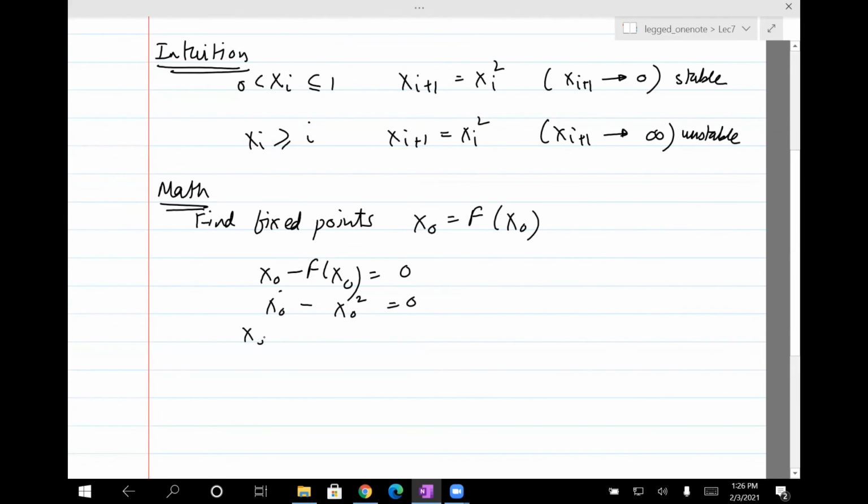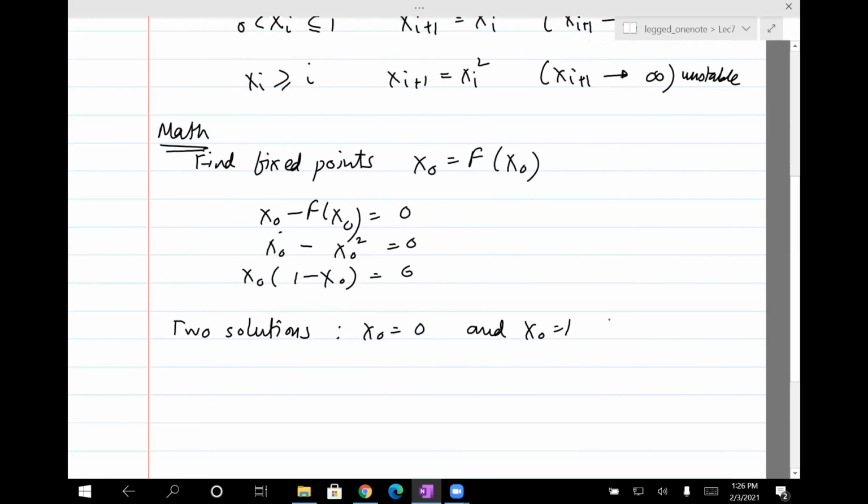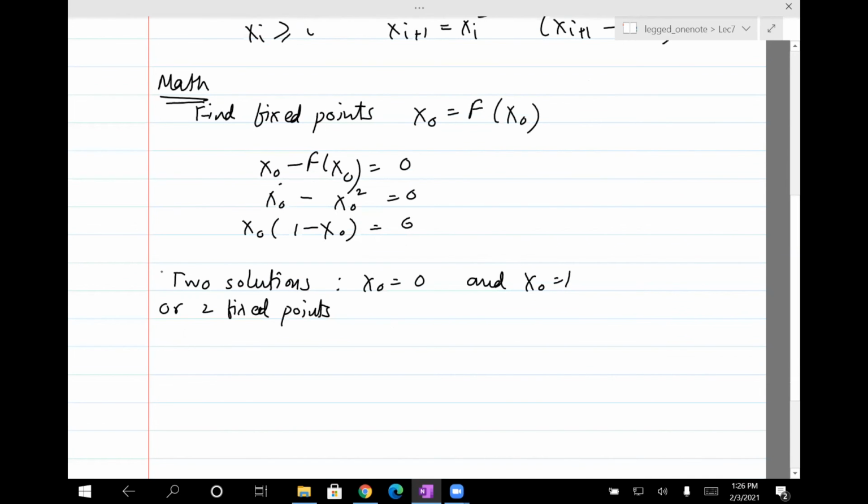We can pull out the x0, and then we can see there are two solutions. One of them is x0 equals 0 and the other is x0 equals 1. In other words, there are two fixed points. So that answers the first part of the question.